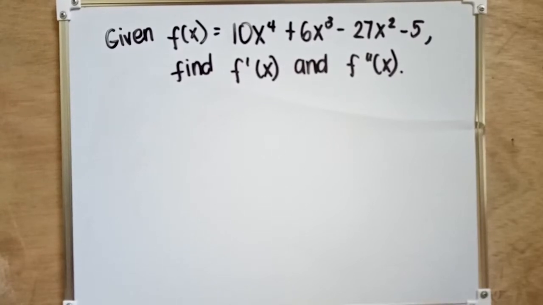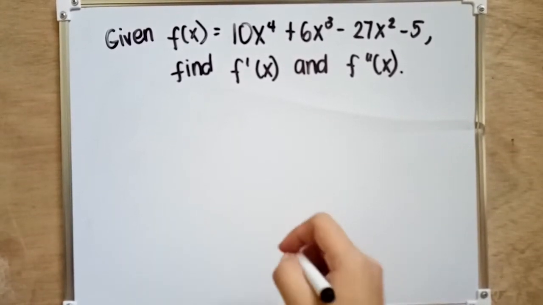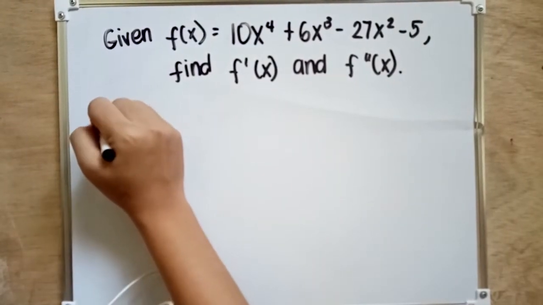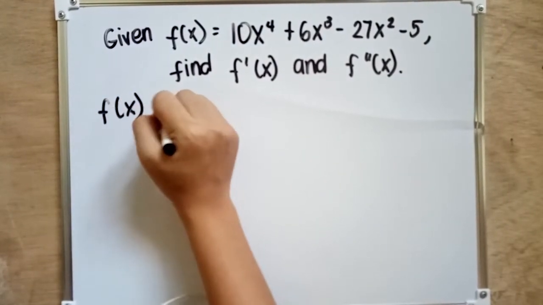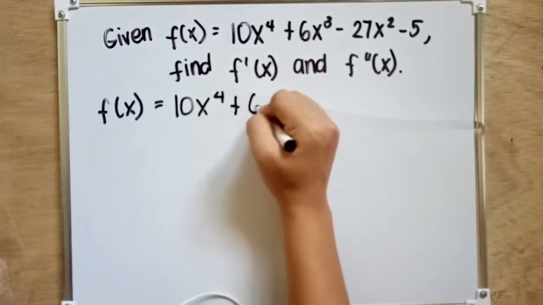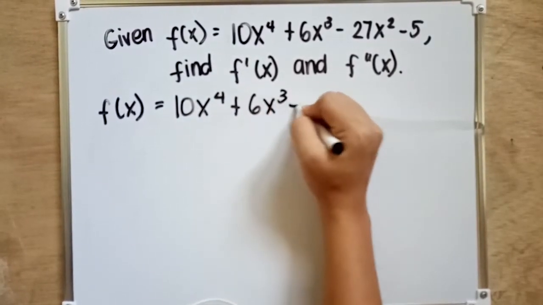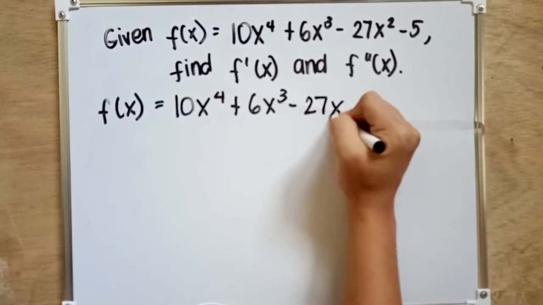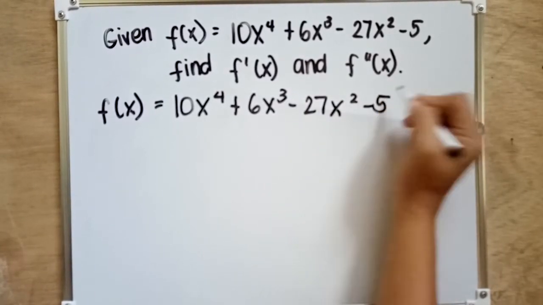For our next example, given f of x is equal to 10x to the fourth plus 6x cubed minus 27x squared minus 5, find the first derivative and the second derivatives. First, f of x is equal to 10x to the fourth plus 6x cubed minus 27x squared minus 5.